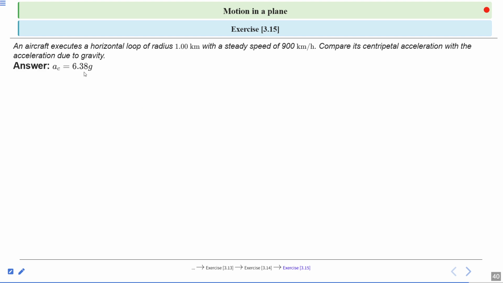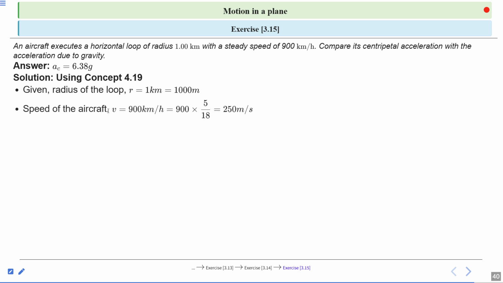So correct answer is 6.38 g. This is the centripetal acceleration equal to 6.38 times g. Solution using concept 4.19. Given the radius of the loop r is equal to 1 kilometer. In meter it is 1000 meter.